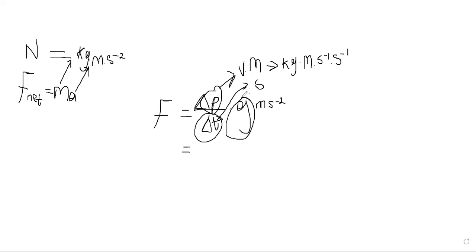This is kilogram meter per second square, a Newton, but now you multiply by meter per second square again, so you end up with kilogram meter square per second to the exponent 4. As you can see, this does not give you 1 Newton.